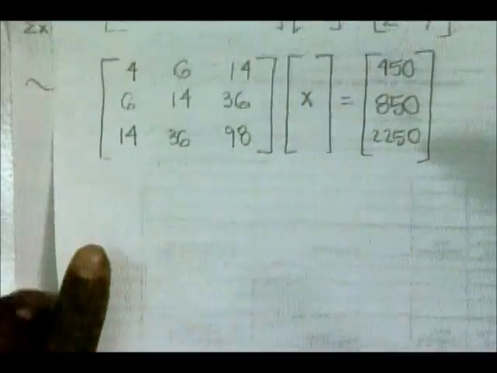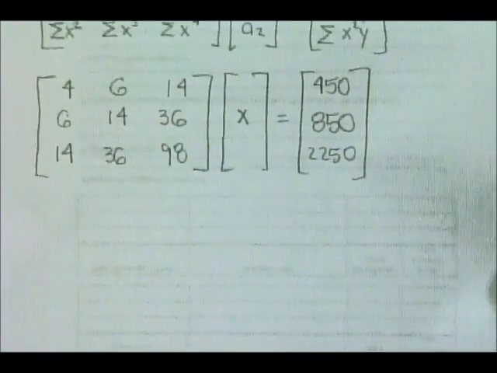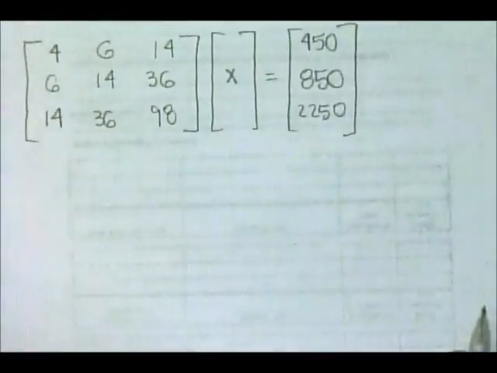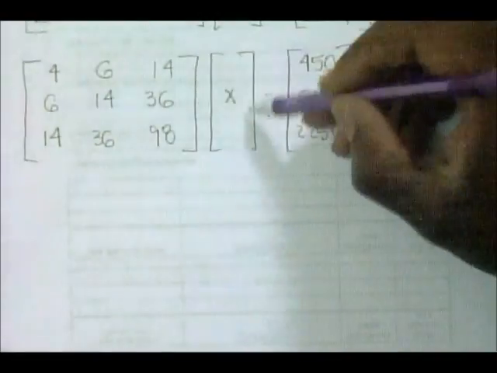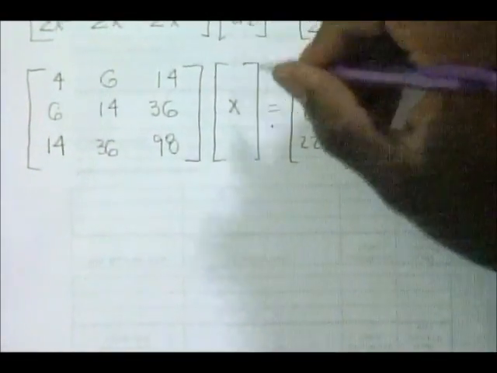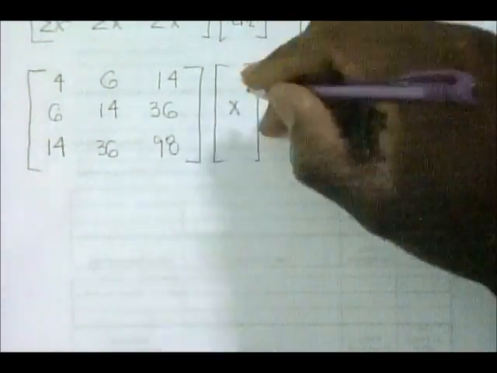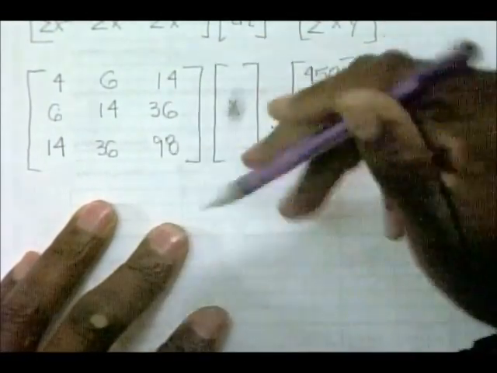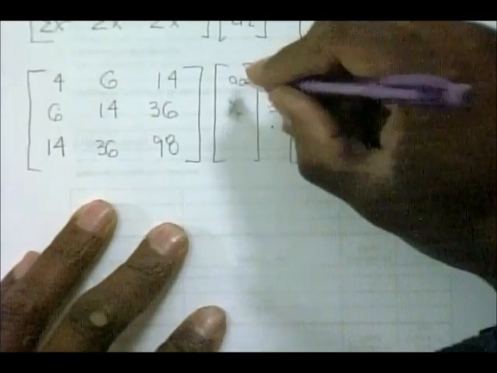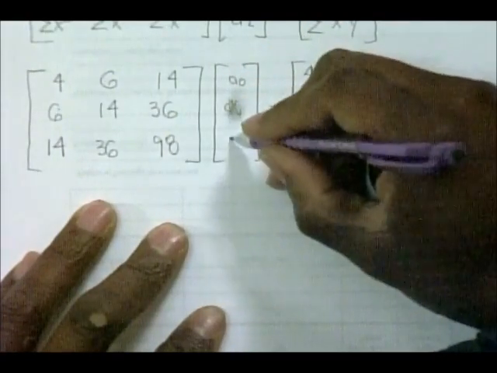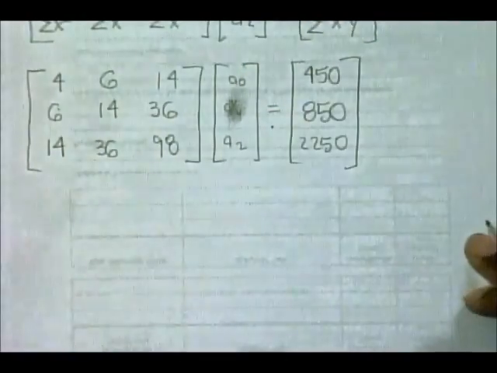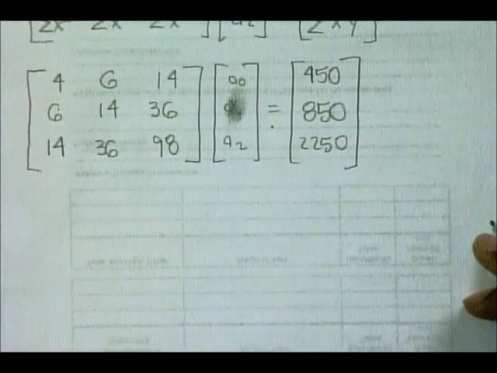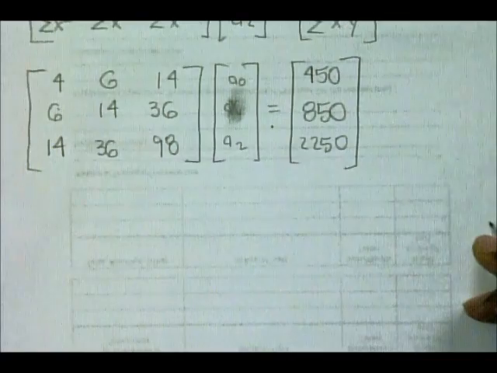All right, so now what you have is a matrix equation where this is the solution. This represents a sub 0, a sub 1, and a sub 2.